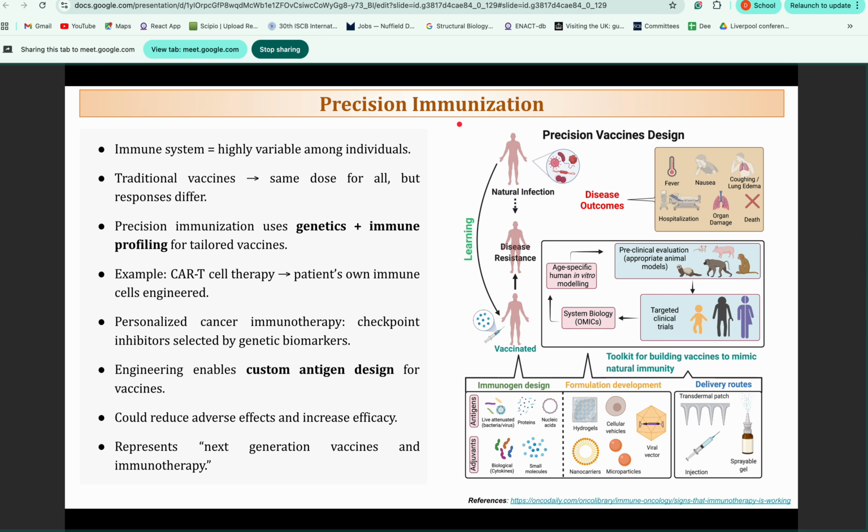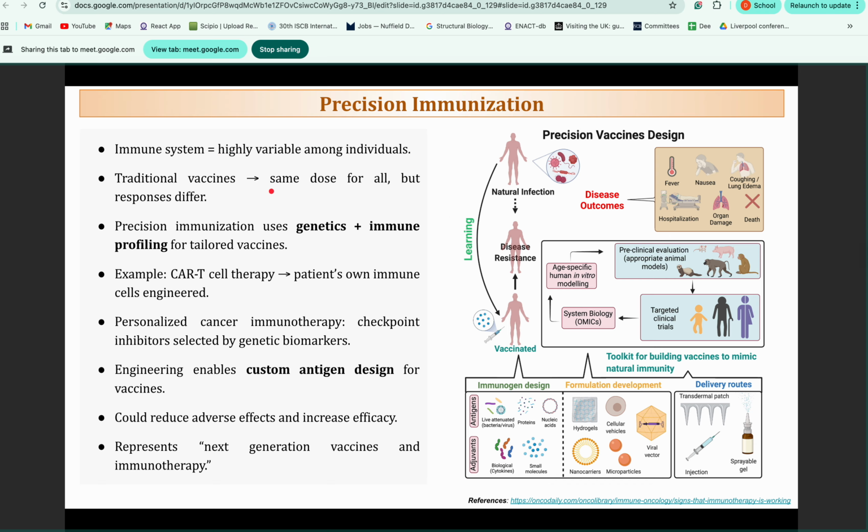Then comes precision immunization. These are all smaller terms under a bigger term, which is precision medicine. Precision immunization means using immune treatments where immune cells are involved, such as vaccines, so they come under precision immunization. The immune system is highly variable among different individuals.